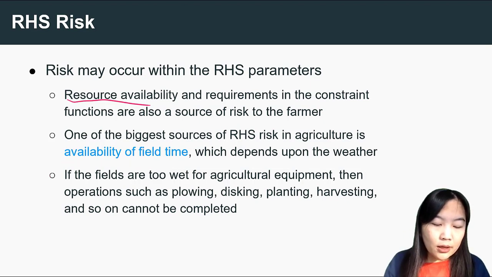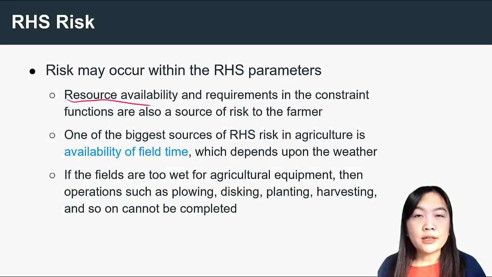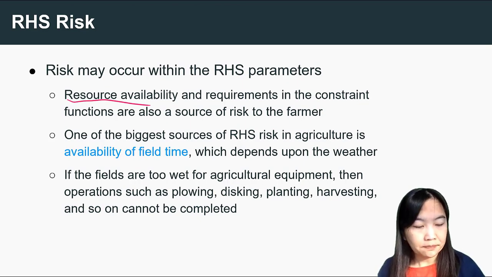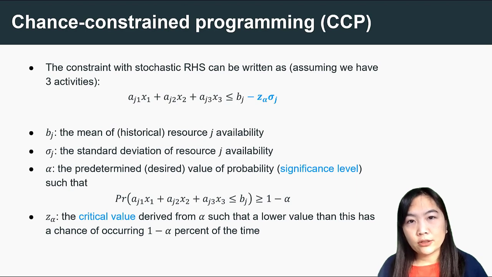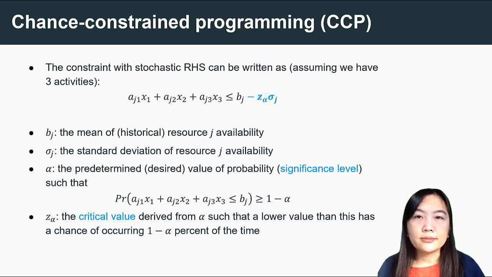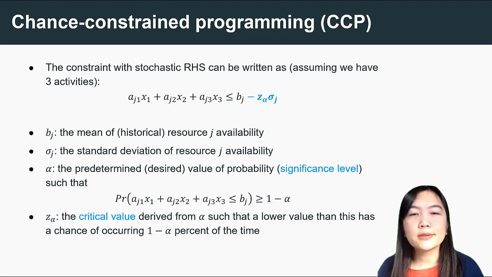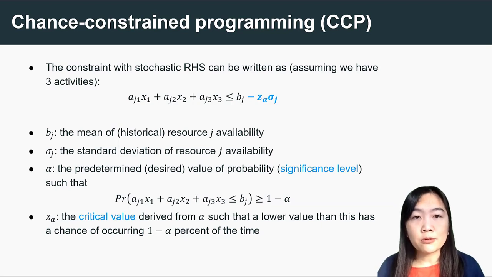So if there are uncertainties on the right-hand side value, then that might also affect the producer's decision making. And we can do analysis using this method called CCP, which we call chance constraint programming.